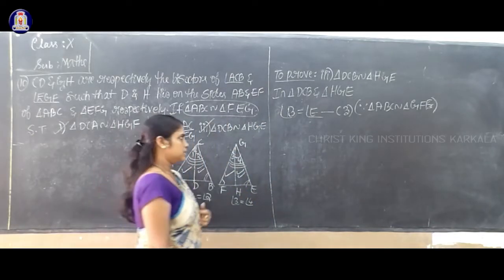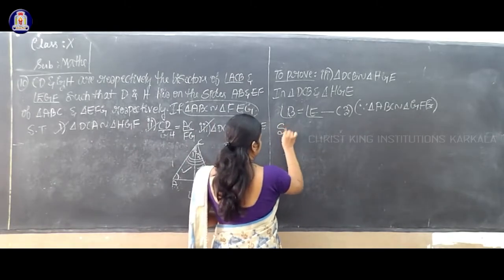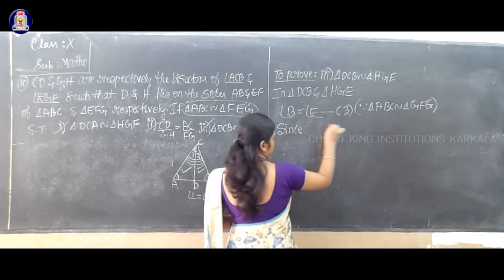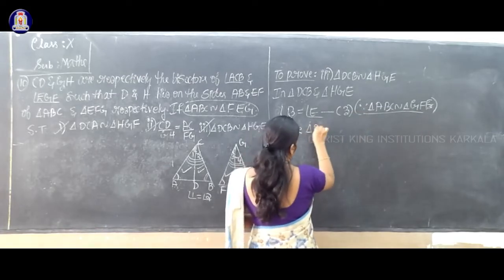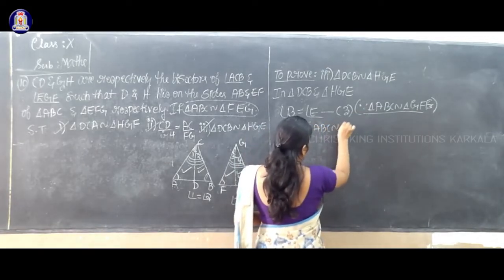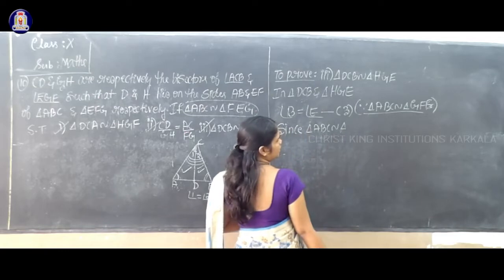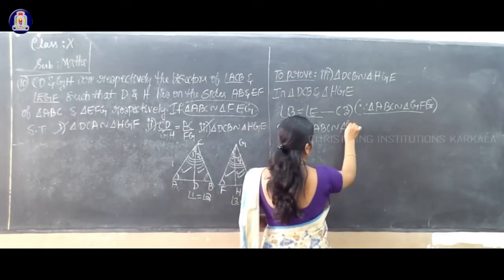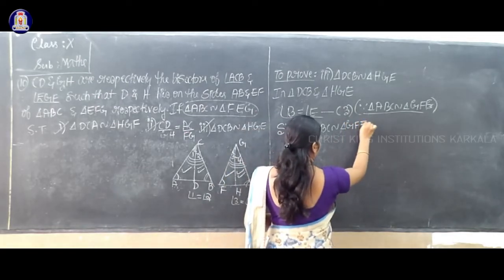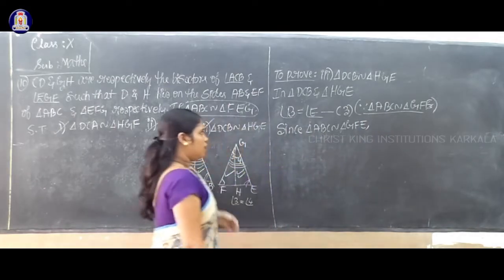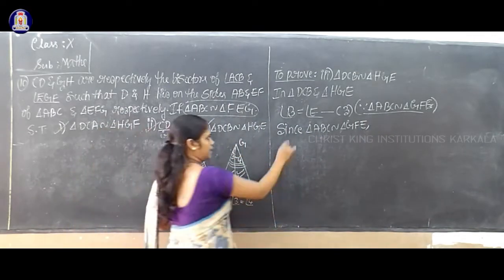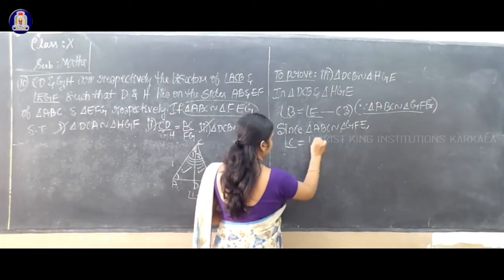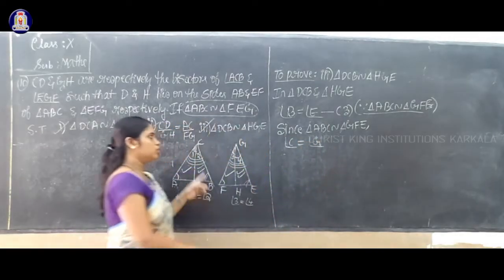Okay, next, since it is the same triangle, I will consider triangle ABC similar to triangle GFE. Angle C is equal to angle G, isn't it? Why is angle C equal to angle G?